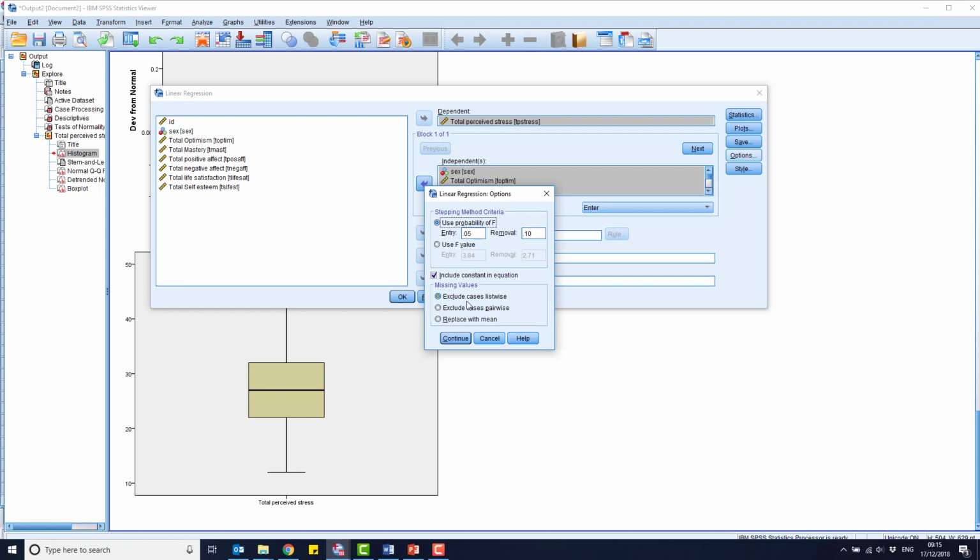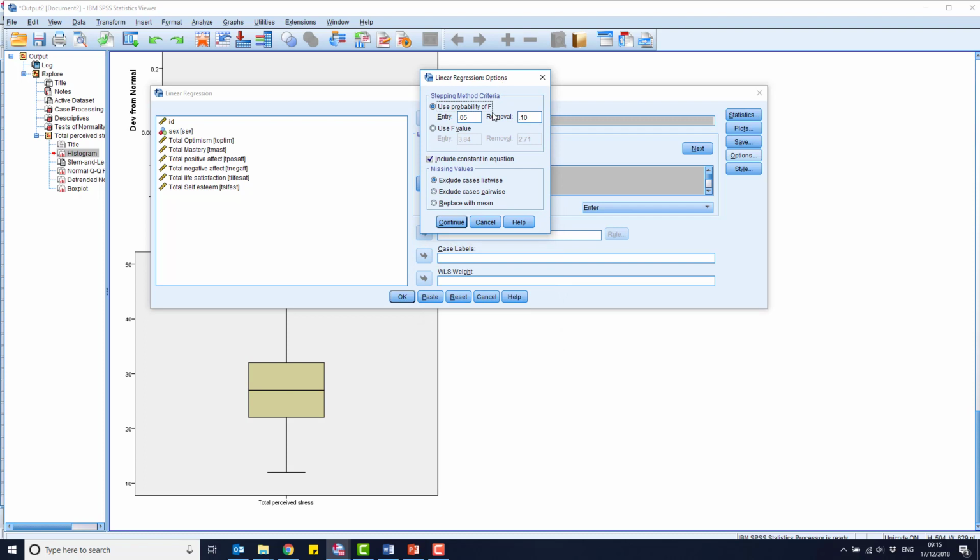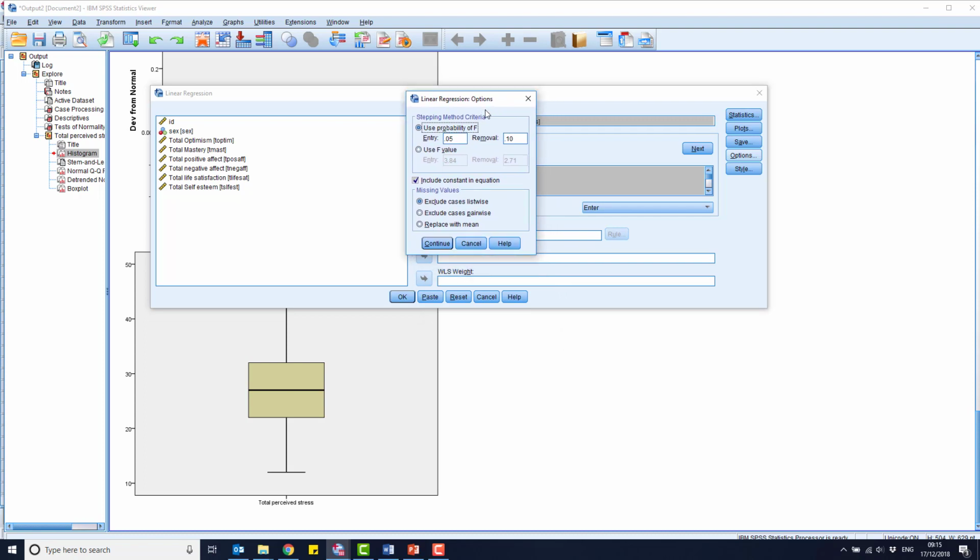Now I have complete data for everything, but if I had some missing data, then I'd have to choose between pairwise and listwise deletion, and you'd have to do that whatever type of regression you're running when you have missing data.